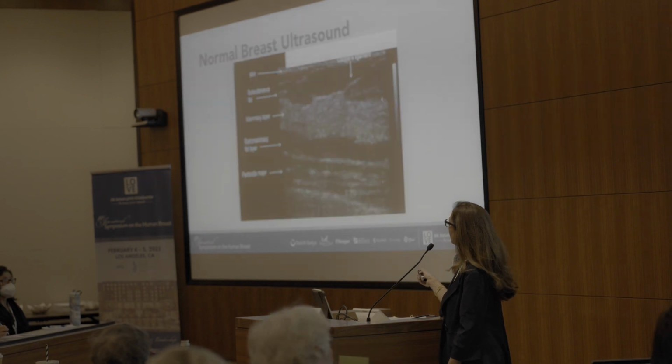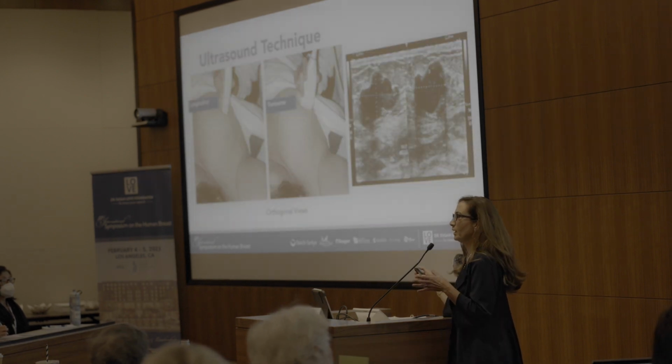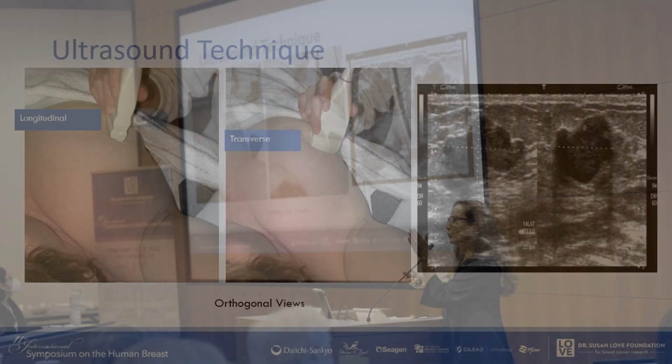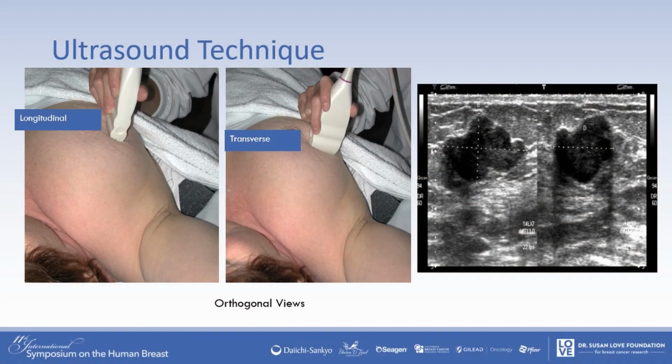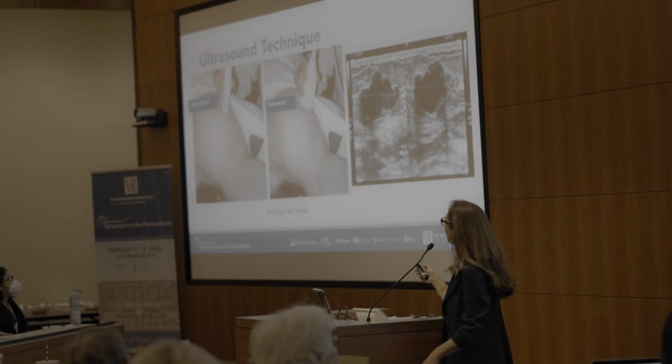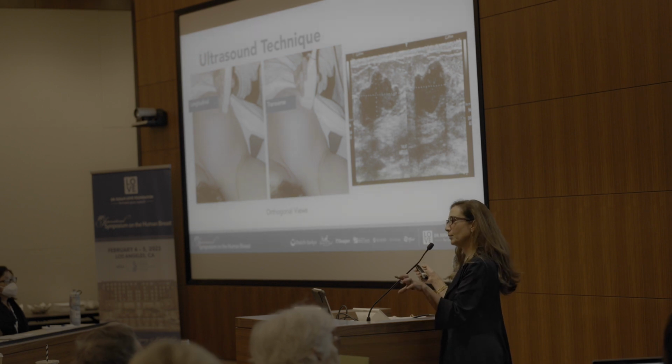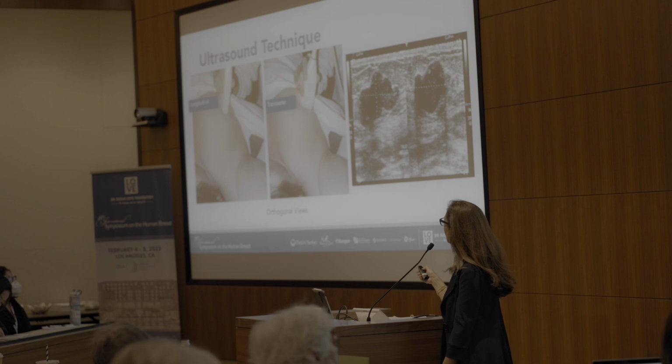Whenever we see a breast mass, we always take two pictures. We hold the probe in the vertical longitudinal orientation for one and the transverse or horizontal for the other, and we take calipers to measure the lesion. So again, whenever we see a breast mass on ultrasound, we take two pictures at 90 degree angles.